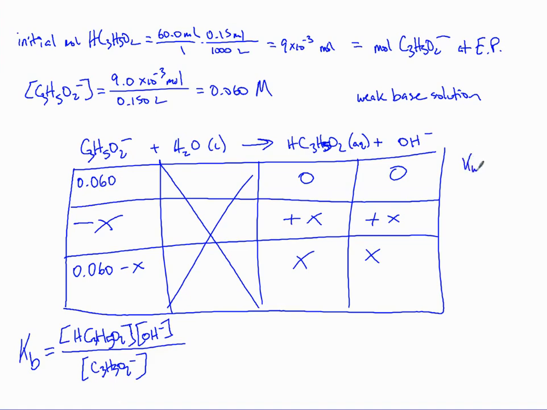What we do know is a relationship: Ka times Kb is Kw. And we do have the Ka.